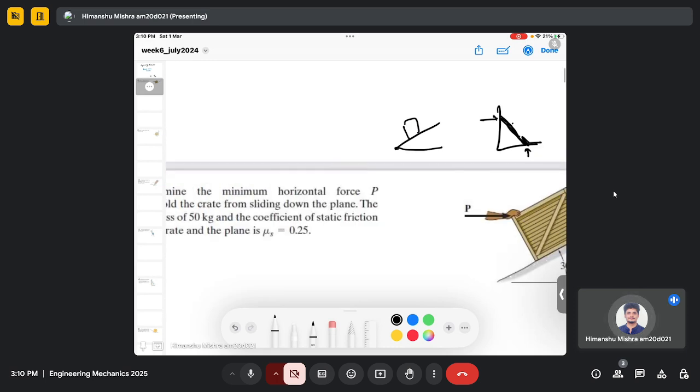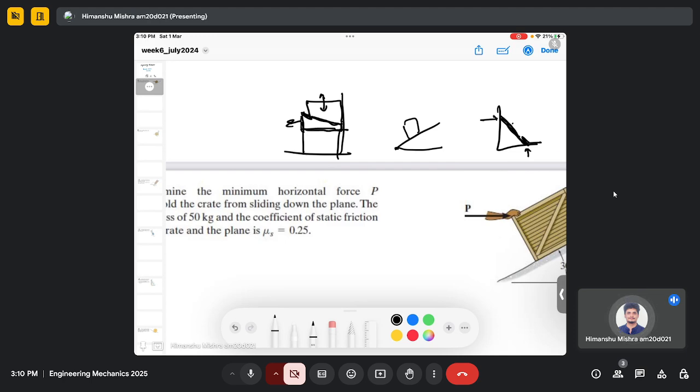Then there is a wedge kind of problem where you have a wall and there are multiple blocks kept against the wall, and here, if you pull out the middle block or push it, this upper block will either go up or go down because of this inclined surface.